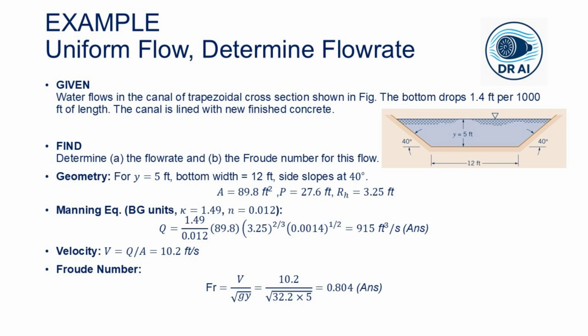That's a massive flow rate for a slope of only about 0.0014, which is less than a tenth of a degree. And notice that they also calculate the Froude number as 0.804, which indicates that the flow is subcritical in this region. This is typical for such canals.